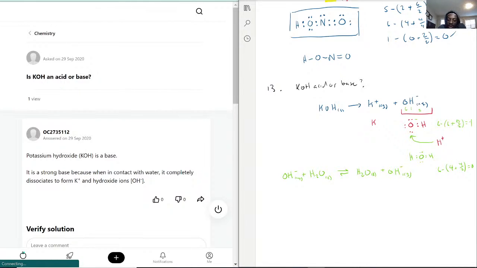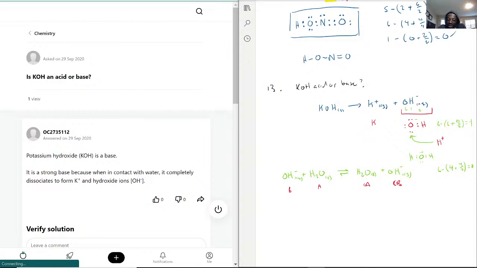But if we accounted for the base and conjugate acid, we have the base here, and the conjugate acid would be that one, and this would be the acid because the water is giving that OH, the base, the proton, and this one becomes the conjugate base.